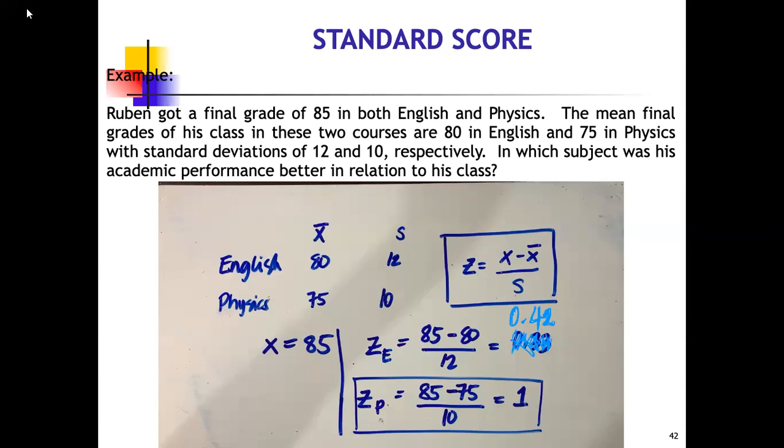However, the mean grade of his class in English is 80, and the mean grade of his class in physics is 75.